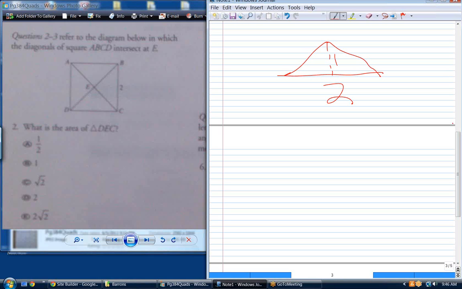So half base times height would also get you 1. The way I was doing it would take forever. You'd get the diagonal, which was square root of 2 over 2 times 2, so just square root of 2, and then solve for that height based on that. There's a number of ways you could have gotten there.